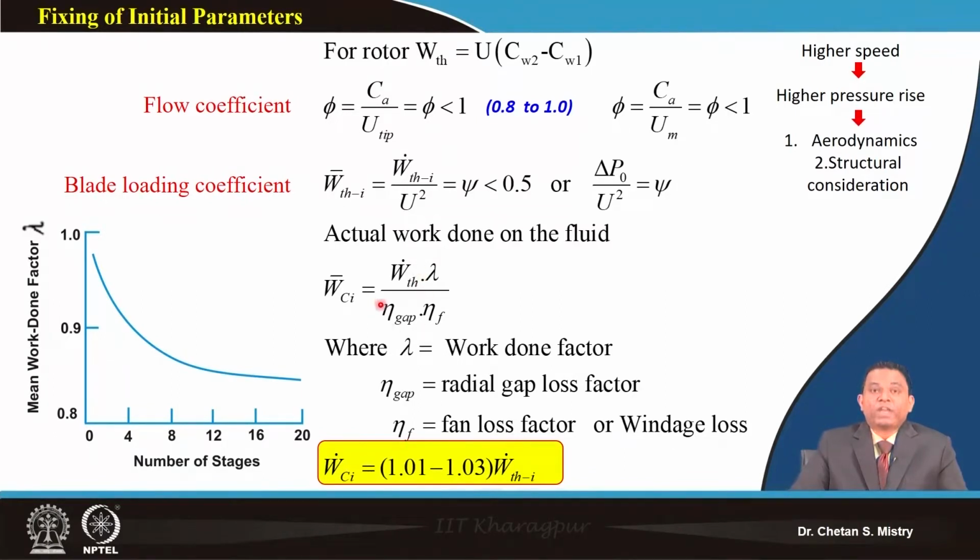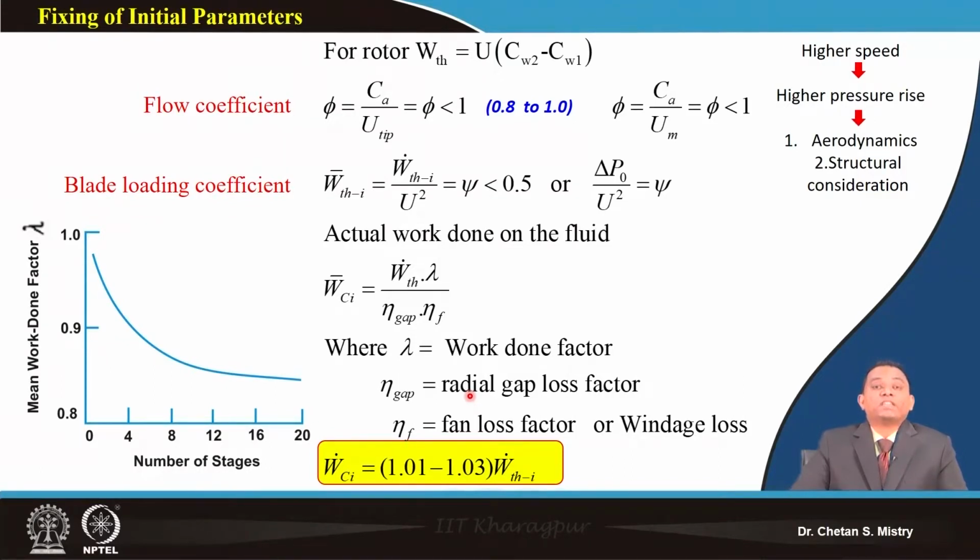In the denominator we have the gap efficiency, and this is called the fan loss factor. The gap is nothing but the radial gap loss factor. When our rotor is rotating at a particular speed, we provide a certain amount of gap between casing and rotor.